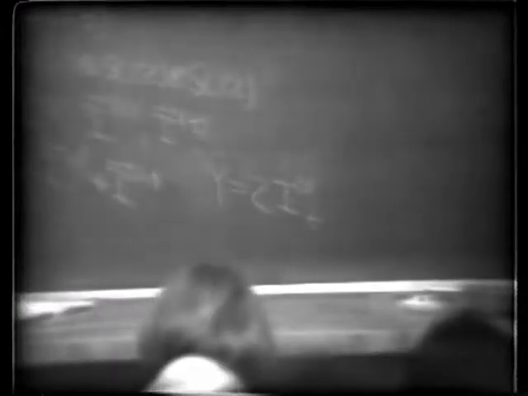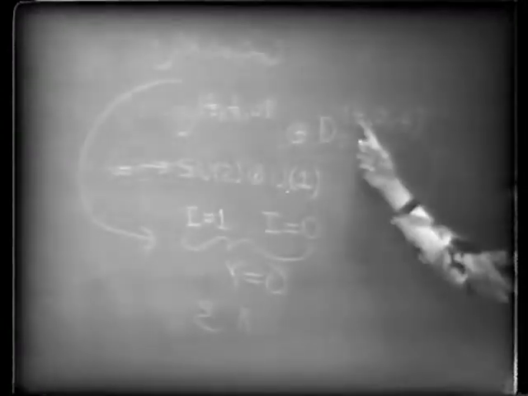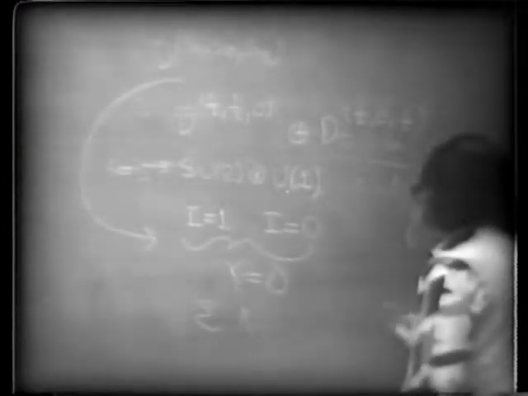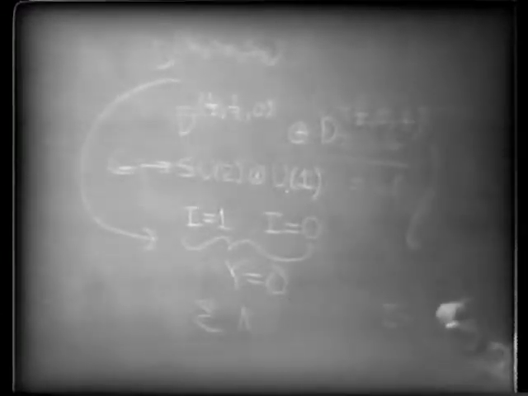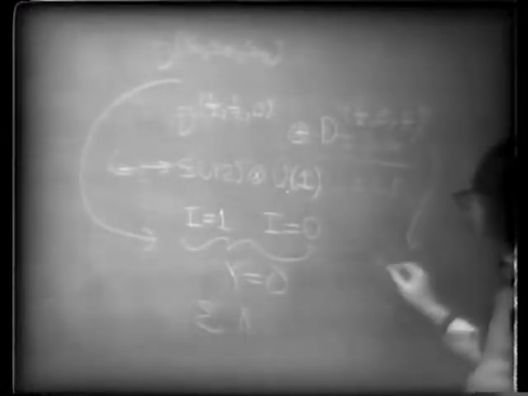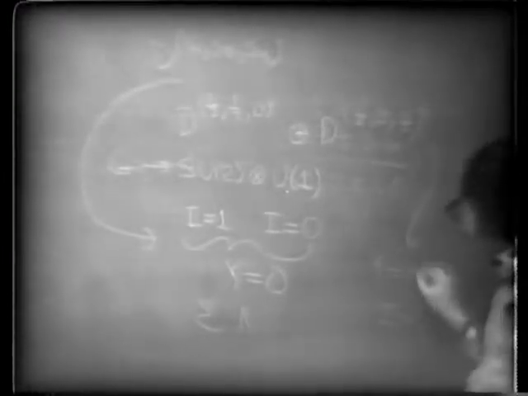This is, of course, the sigma and lambda. In this factor, I only have isospin 1/2 plus 0, so both factors have I equals 1/2. But because Y, which is 2 Iz, can have the two values plus 1/2 or minus 1/2, I have Y equals plus or minus 1. And that's the nucleon and the cascade.